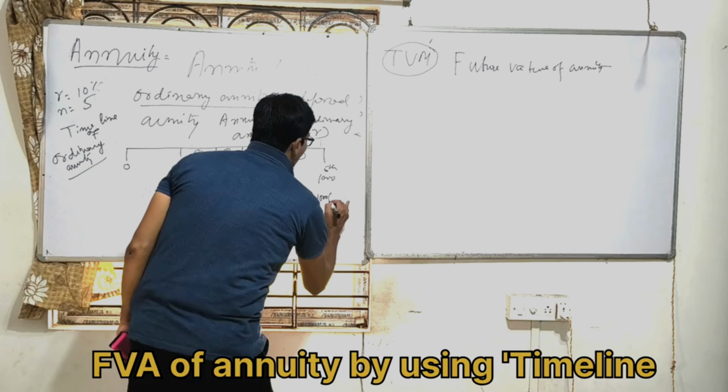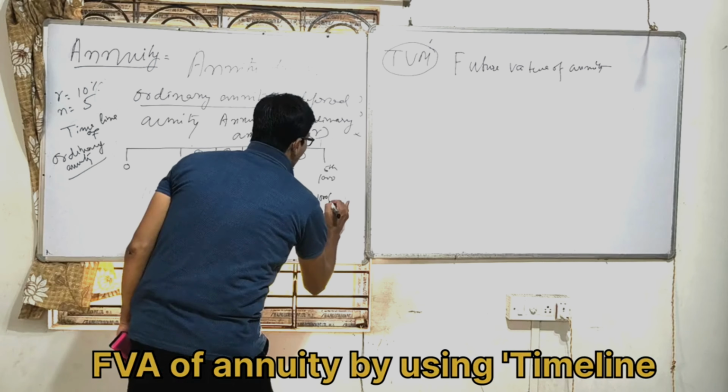So this is a lengthy procedure. So we have to know about a formula, how to get the formula. You see, the annuity value is A. N is equal to 5 here.